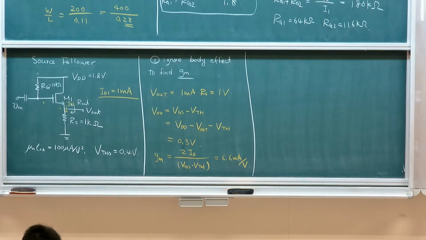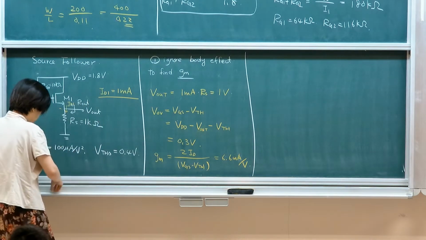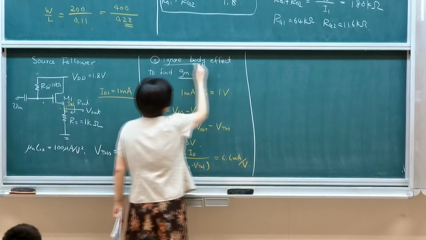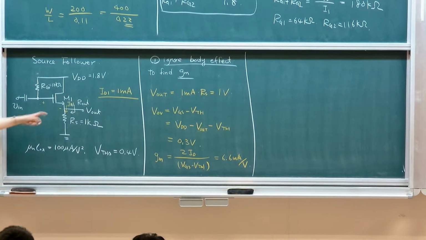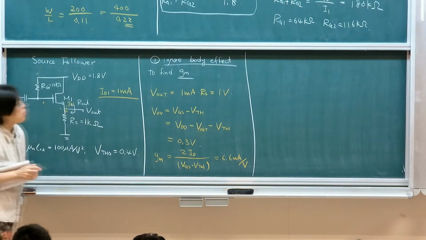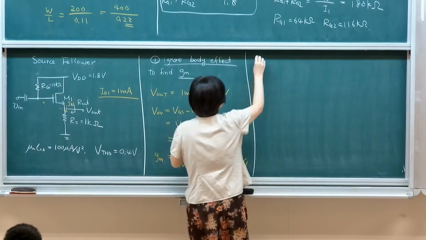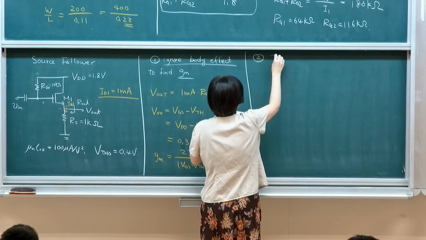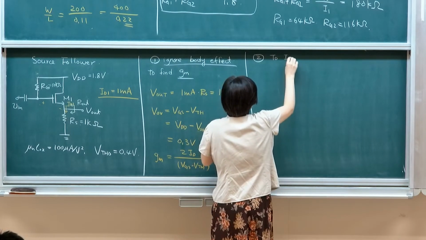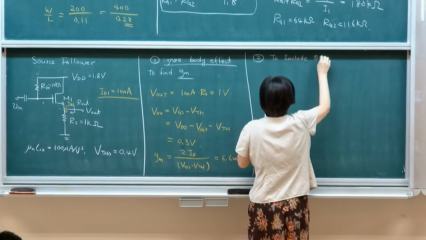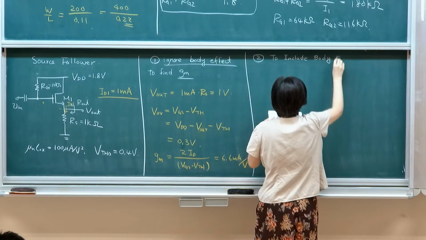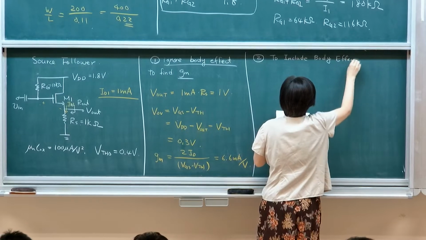So the next thing is that this is because we ignore body effect, meaning that we assume the threshold voltage does not shift because of this high source voltage. But what if we include that? To include body effect, we need to know how one calculates the shift in threshold.